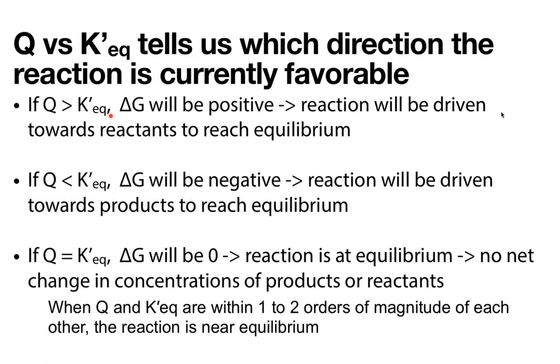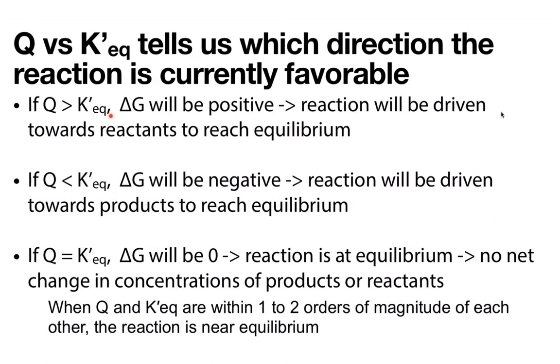Because remember that which way a reaction goes doesn't just depend on delta G naught prime, it depends on the actual concentrations. The comparison is between our KEQ, the equilibrium concentration ratio, and the actual ratio at the present moment, the Q. If you have a Q that is less than your KEQ, then you need to make more products. But if you have a Q that is greater than your KEQ, you're going to go backwards to reactants.